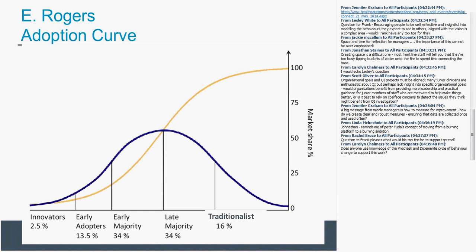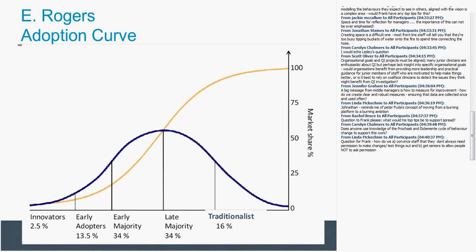Rogers again goes on to the adoption curve, and the reason I included this is no matter who you are or where you are, at some point you are at a different point on the adoption curve. You may be an innovator in the very beginning, and yet you may be a late majority person later on with something else.